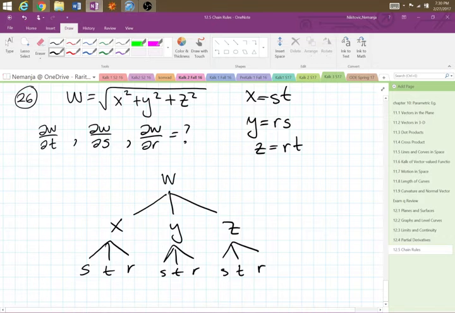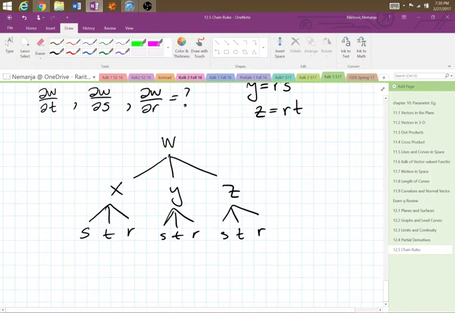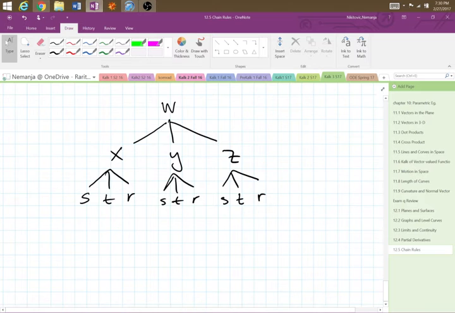So now, how do these formulas look? Well, partial W, partial S, that's my first.